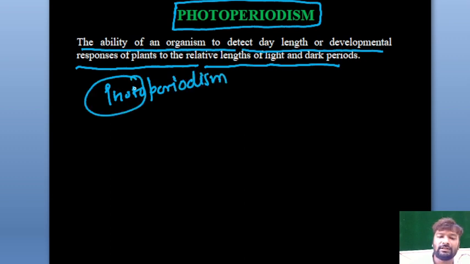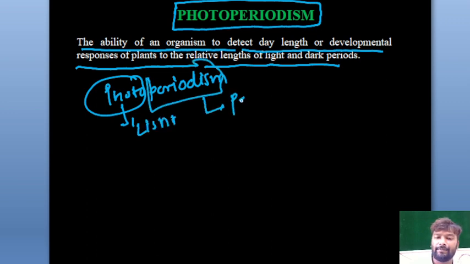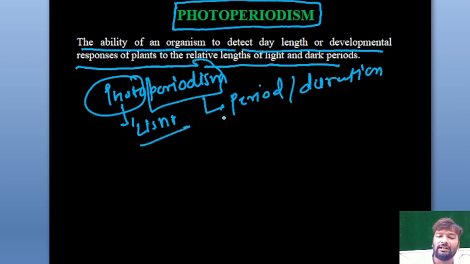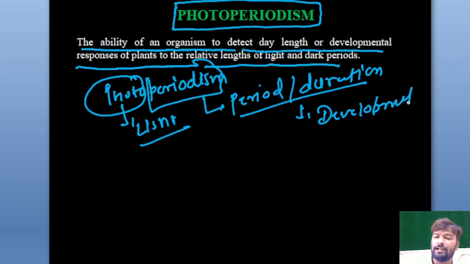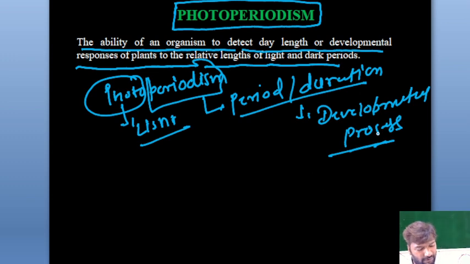Photo means light, periodism means periods or duration. So light duration controlling the developmental processes in plants is known as photoperiodism.